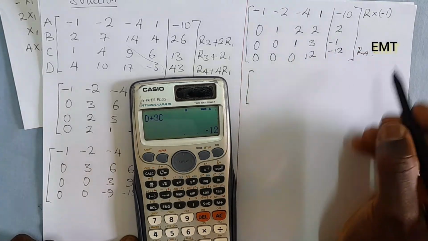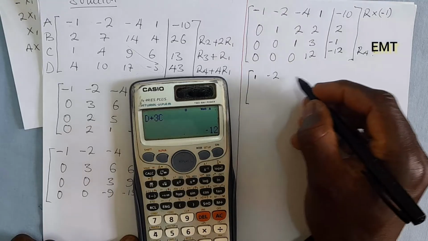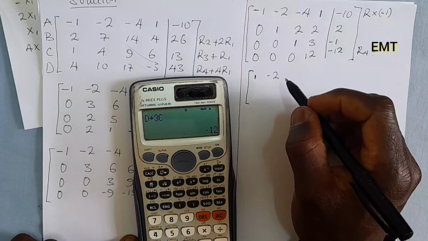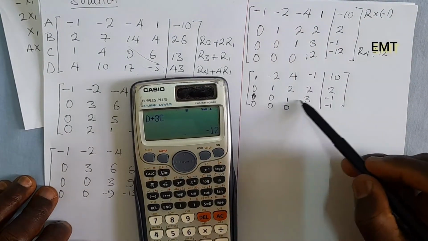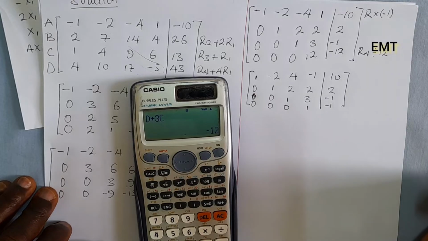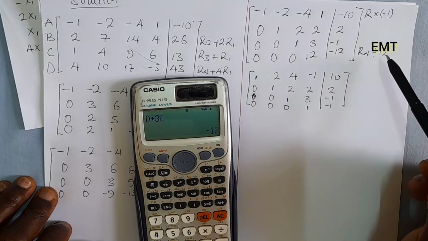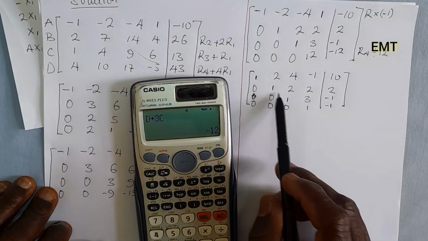When we times everything here by a -1, we have 1, -2. Sorry, it's no more a negative, it should be a positive. So this is the matrix we will end up with after the operations here. Row 4, we divided it by 12. So our ones here are obtained.